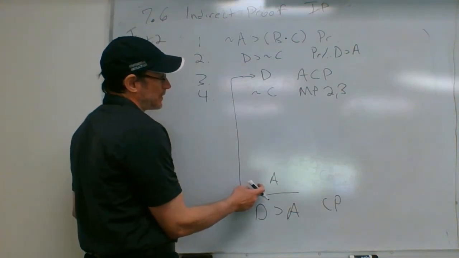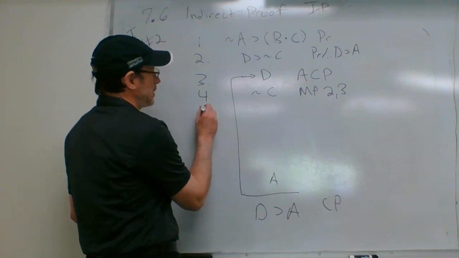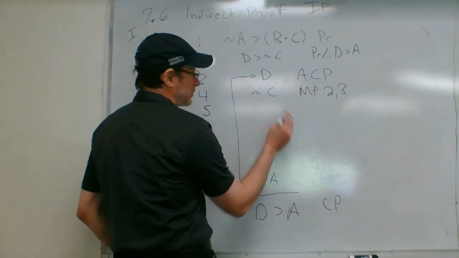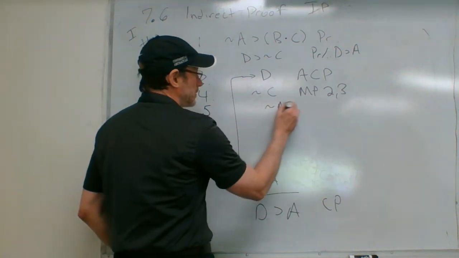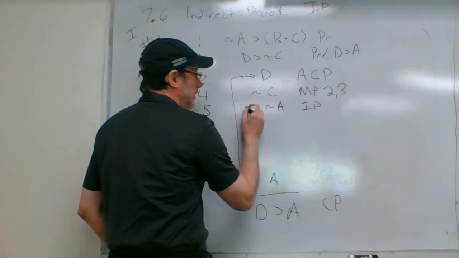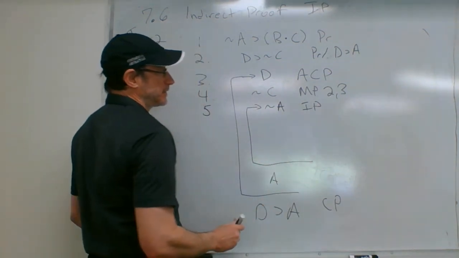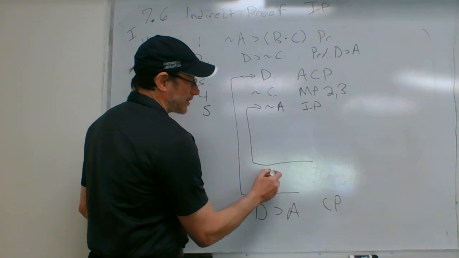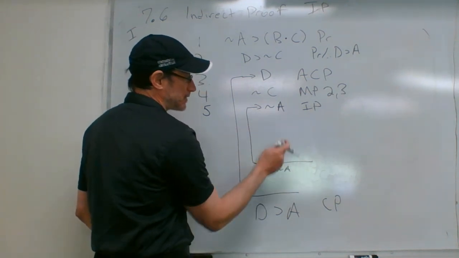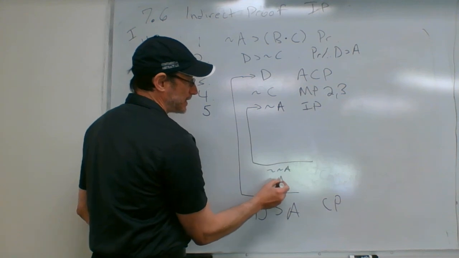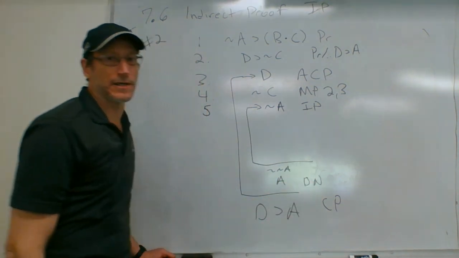So here's something that I could do. In order to get A, I'm going to do my little trick, which is I'm going to assume not A for indirect proof. I'm going to show that that leads to a contradiction, hopefully. And then I'm going to go not A, adding a tilde to the assumption, and then by double negation, I'm going to get back to A. So I hope you can see this.